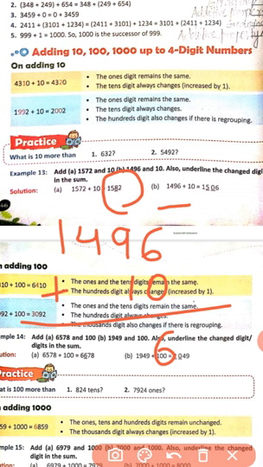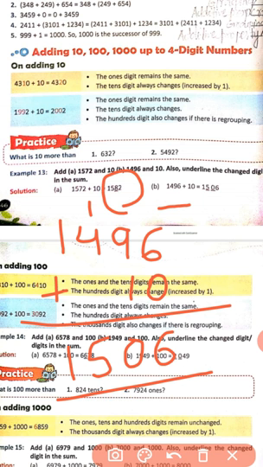Now 9 tens plus 1 ten is 10 tens, so write 0 under the tens column and carry 1 over to the hundreds column. Now 1 hundred plus 400 is equal to 500, and 1000.